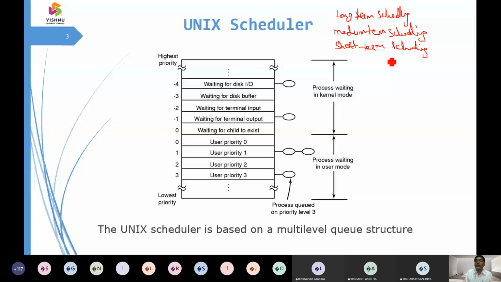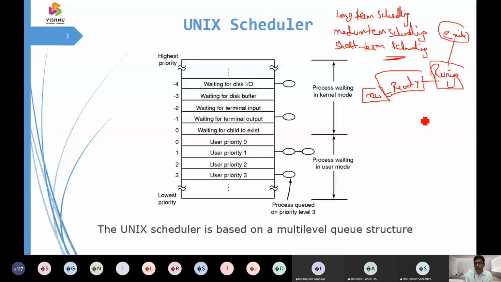So these are going to be operated at different instances: new state to the ready state, then to the running state, and then to the exit state. And between ready and running, we are going to have this waiting state. So that is how the process states are there.